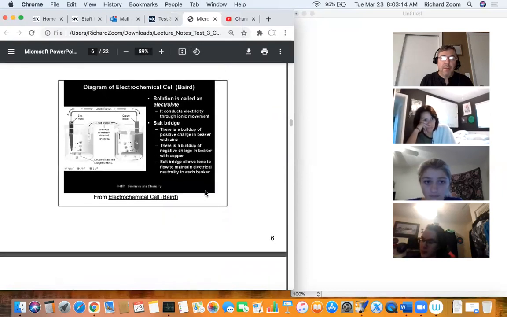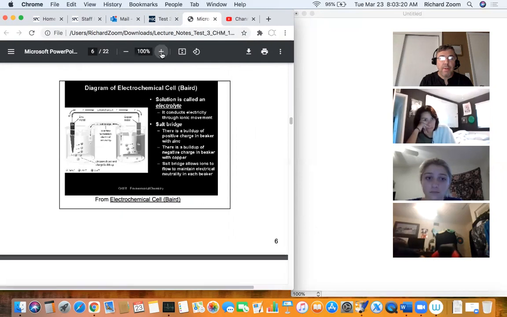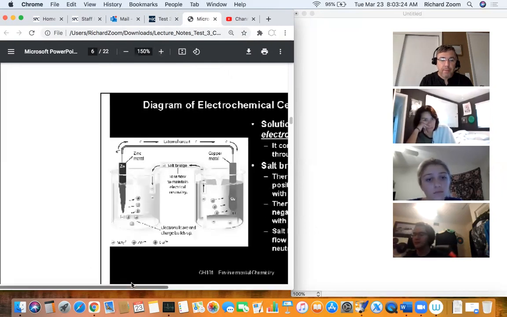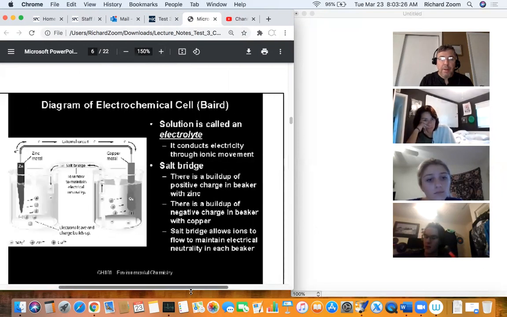All right, so we're going to be starting here with the electrochemical cells. Increase this in size a bit. So this is the same kind of situation we talk about with batteries and the technology involved that makes batteries work. The batteries are just extensions of what you're going to be learning about here.